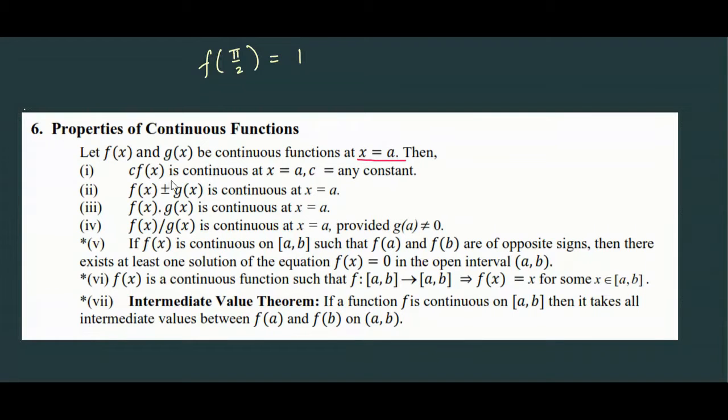Because f and g are continuous, the sum f of x plus or minus g of x will be continuous at x equal to a, and the product will also be continuous. The ratio f of x over g of x will be continuous at a provided g of a is not 0. If g of a is 0, at that point it becomes discontinuous.